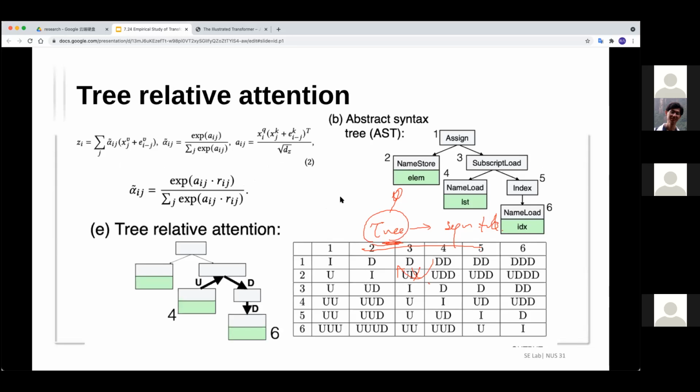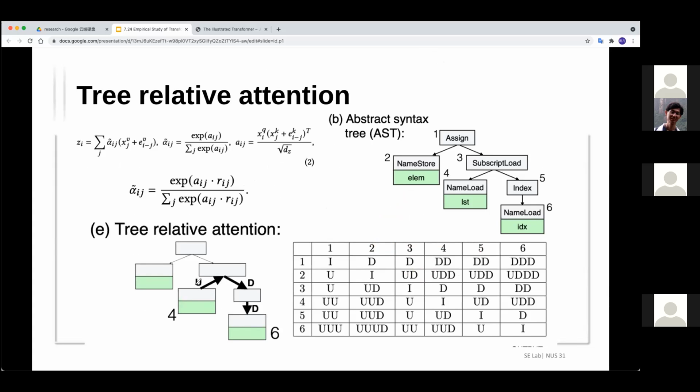Okay. So here we now look at the tree. How to incorporate the tree information? He used the tree relative attention, but I think it's quite simple. It just uses the shortest distance between two nodes.